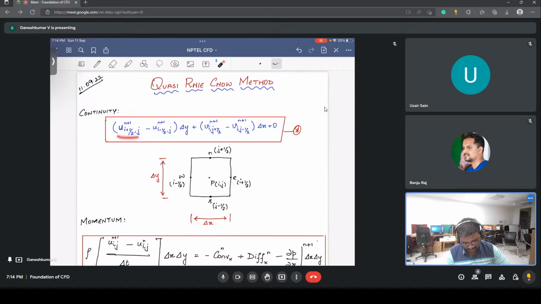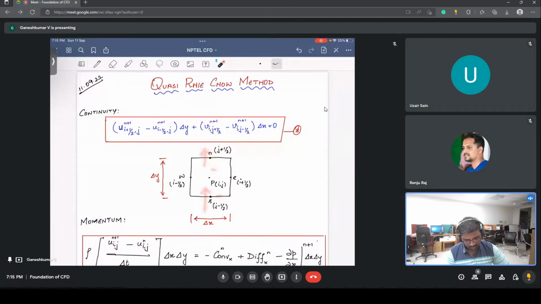If you see u times delta y, u at i plus half times delta y is going out, minus u at i minus half times delta y, which is coming in. This is in the x direction. In the y direction, v at j plus half is going out, minus v at j minus half is coming in.